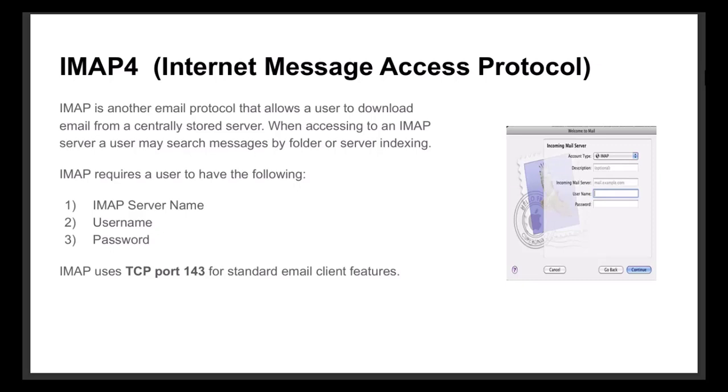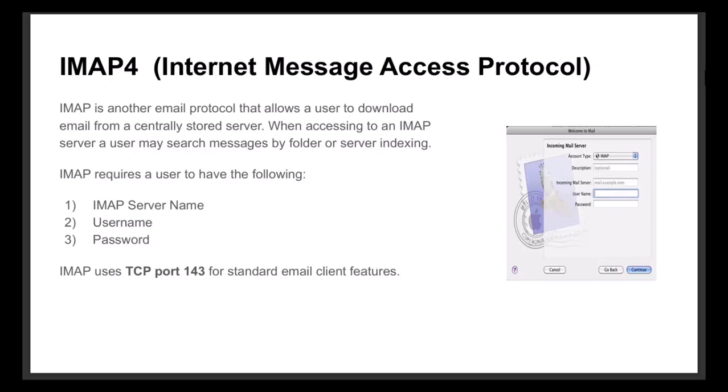One feature of IMAP that is very helpful is the ability to search messages by folders, directories, and server indexing. IMAP will also require authentication. Typically, this will be the name of the IMAP server, as well as the individual user's password and username. IMAP uses TCP port 143 for its email retrieval.